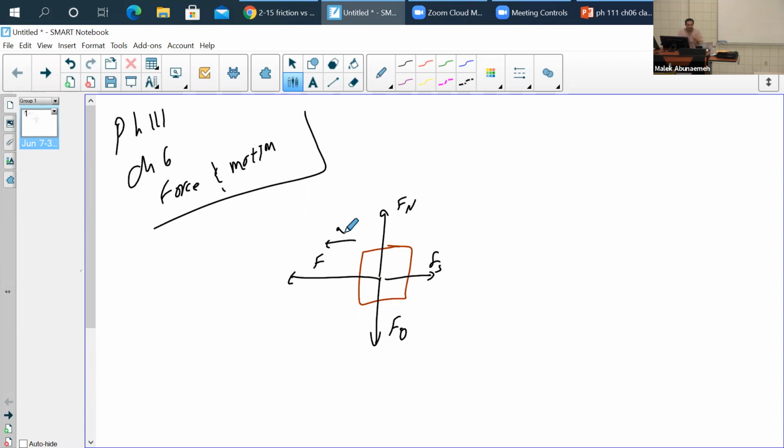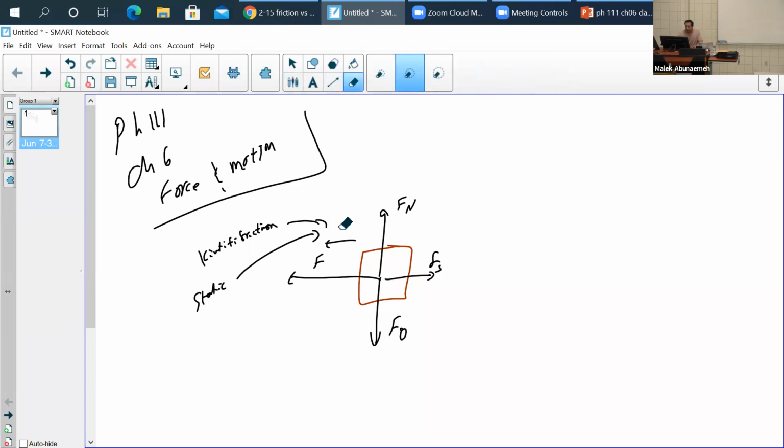That's static friction, and then when it's kinetic friction, let me just write this down, either A or B is going to go.